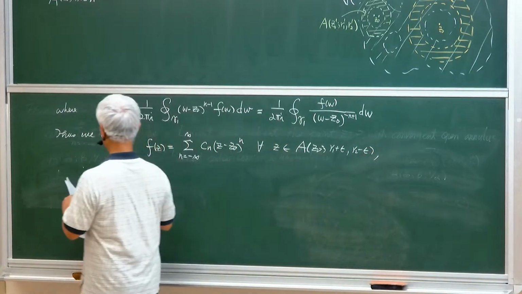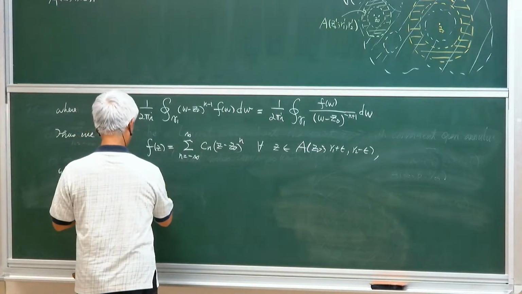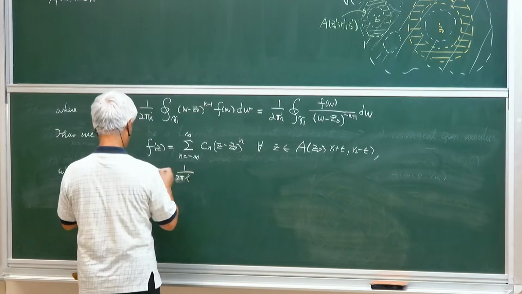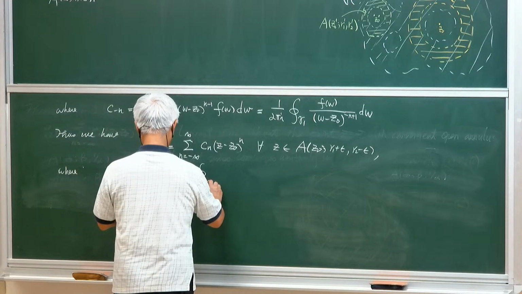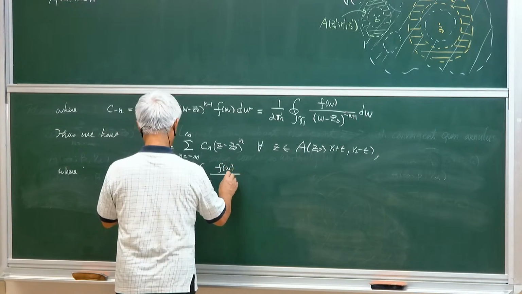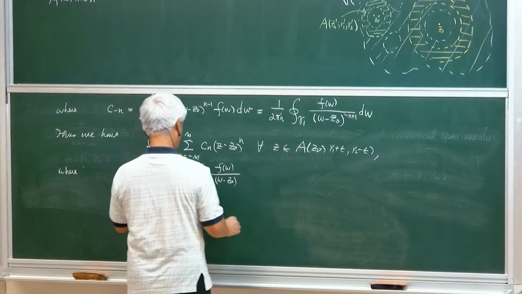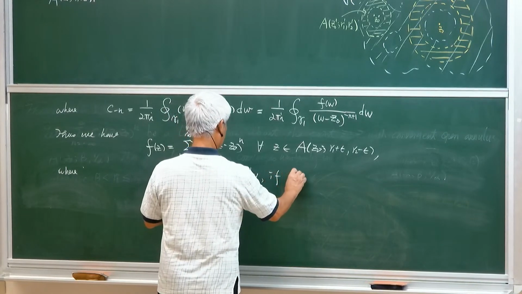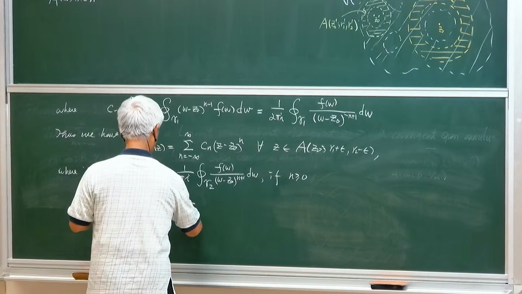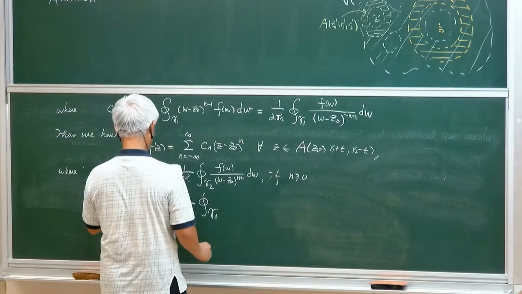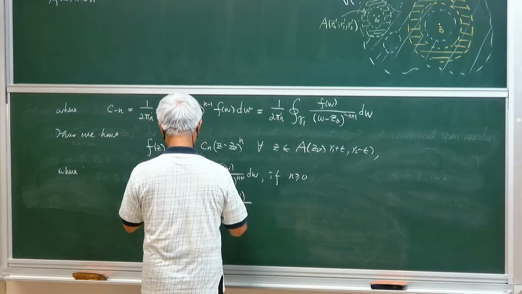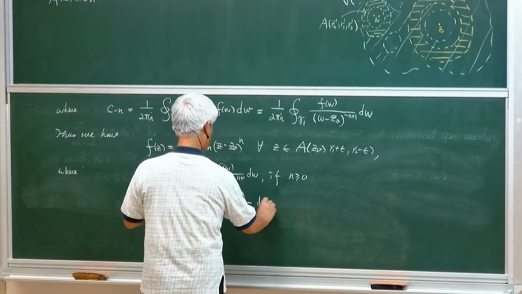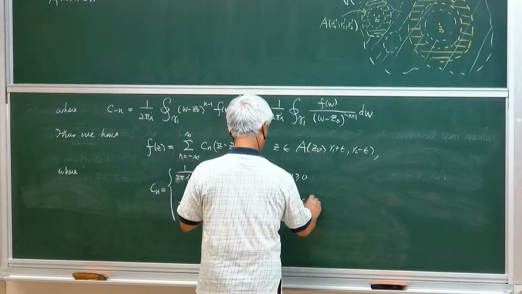And where the coefficient will be 1 over 2 pi i, the integral over gamma 2 of f(w) over (w minus z0)^(n+1) dw if n is greater than or equal to 0, and the other will be over gamma 1, with the integrand again equal to f(w) over (w minus z0)^(n+1) dw if n is less than or equal to minus 1.